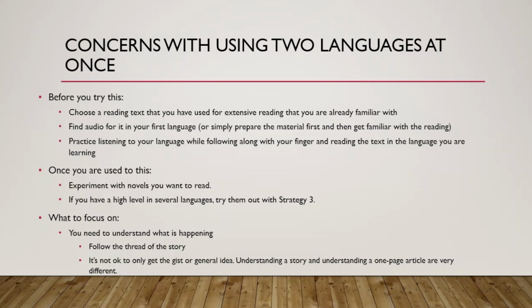So you could just try strategy 2 before you try any other strategies. So once you're used to that, you can experiment with novels, and strategy 3 is something, if your goal is to learn several languages, strategy 3 is something you really need to try.